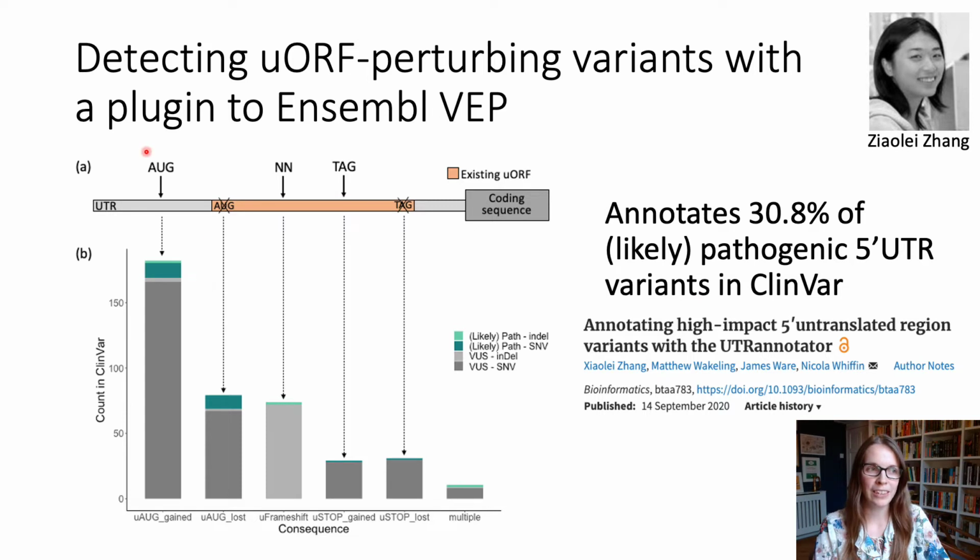It identifies these uAUG creating variants, variants that disrupt the start codon or stop codon of existing uORFs, variants that shift the frame of existing uORFs, and variants that create early stop codons. This tool is open source on GitHub, and we also have a publication in Bioinformatics. In total, this tool annotates nearly a third of all likely pathogenic and pathogenic 5'UTR variants in ClinVar.